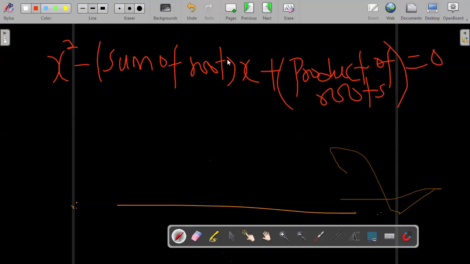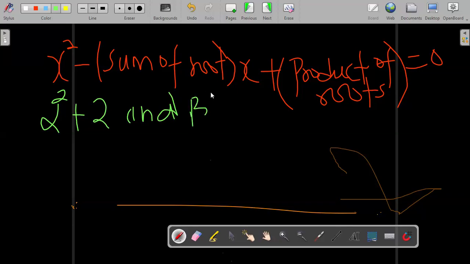That is the formula for a quadratic equation if the roots are given. But we are told that the roots are alpha squared plus 2 and beta squared plus 2. These are the roots we are asked to form the equation with.